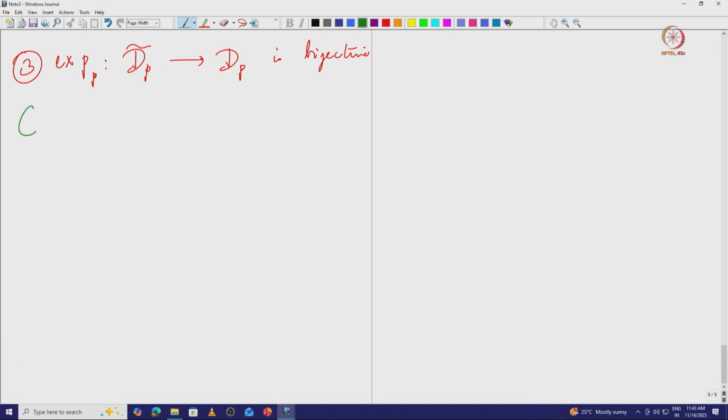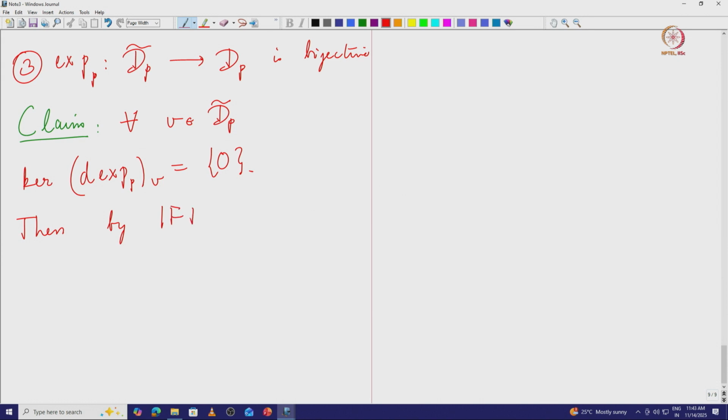So all that needs to be done is to prove the following claim, that for all v in dp tilde, the derivative of the exponential map at v has trivial kernel, because then we are done by the inverse function theorem, exp_p is a local diffeo but it is a global bijective map so this implies it is a diffeo.